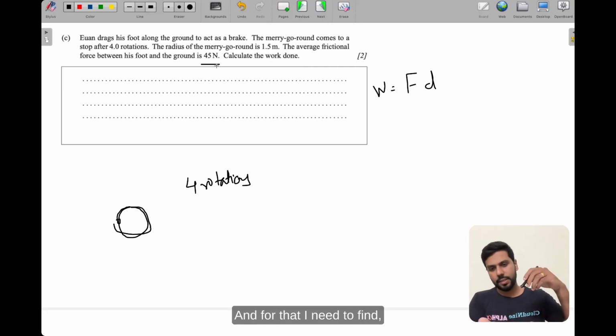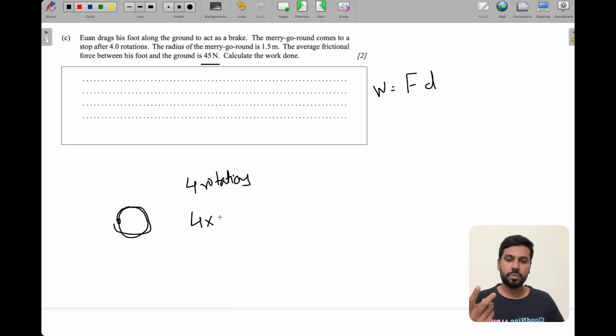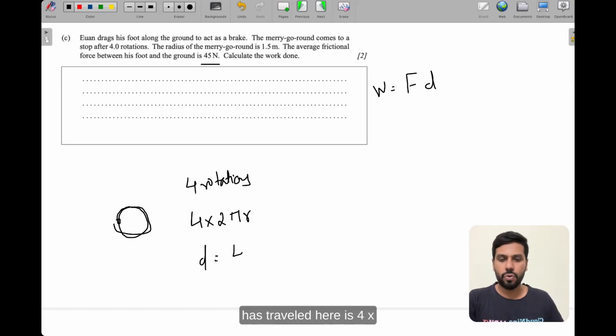For that I need to find the circumference of the merry-go-round. 4 times it has gone around, so basically 2 pi r. The radius is already given to you, 1.5. So the distance traveled here is 4 into 2 into 3.14 into 1.5.